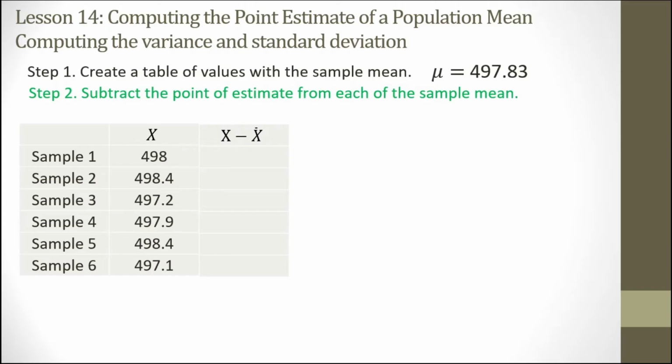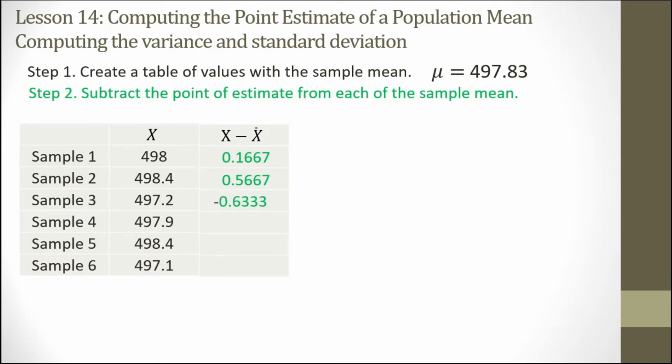498 minus 497.83 is good. 0.1667. So, para safe tayo, round off natin sa 4 decimal places. Okay? Good. The second one? Very good. 0.5667. Next? Negative 0.6333.